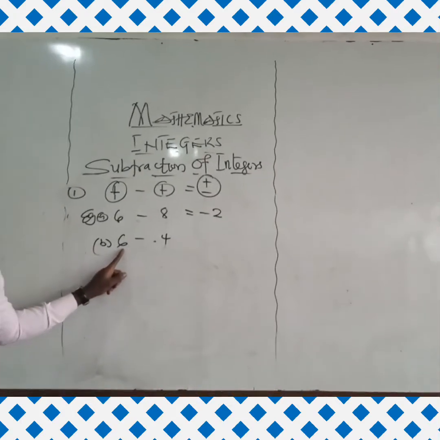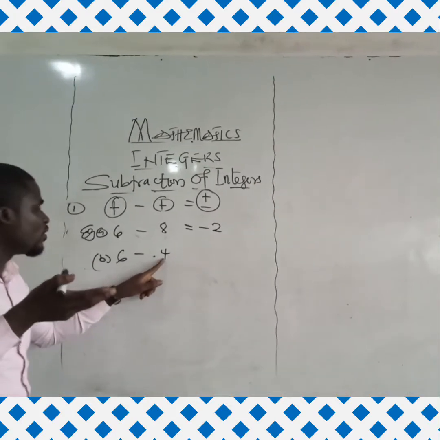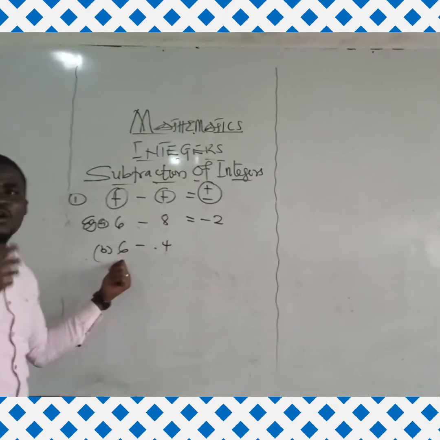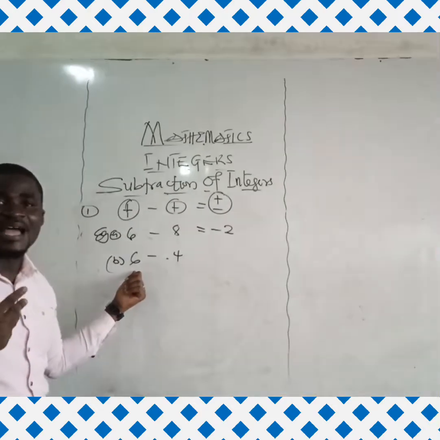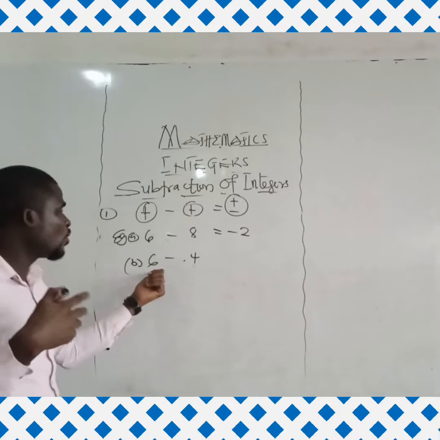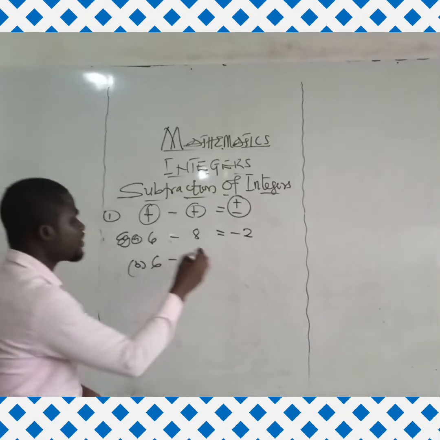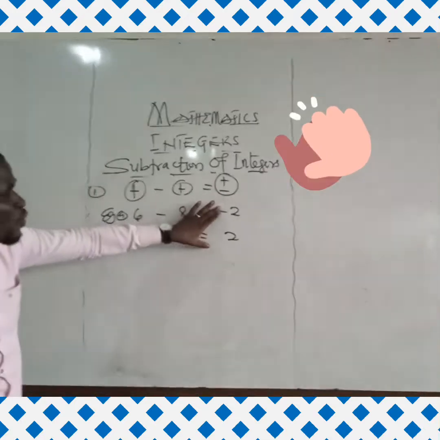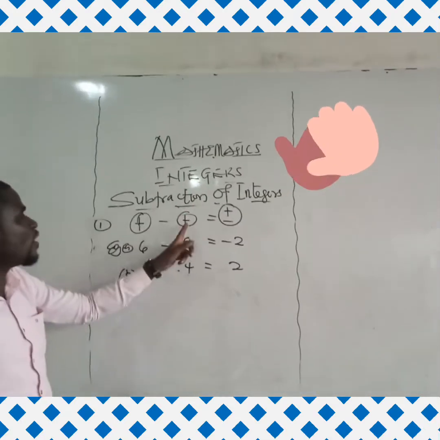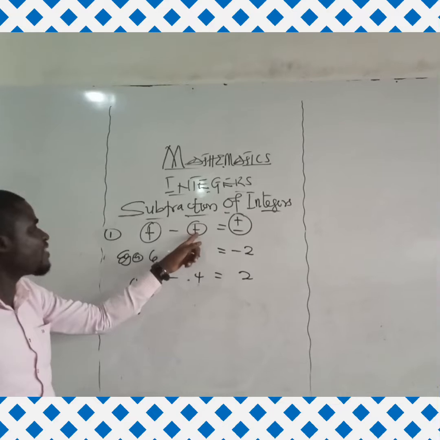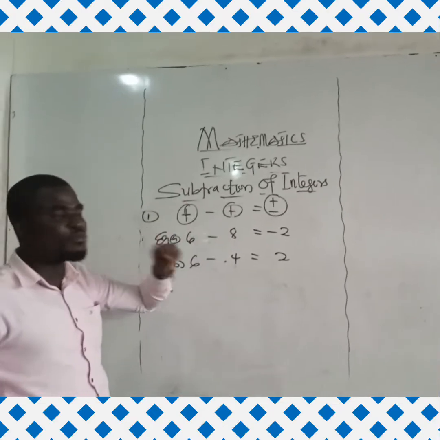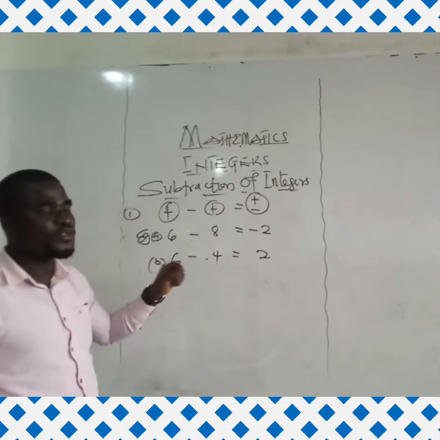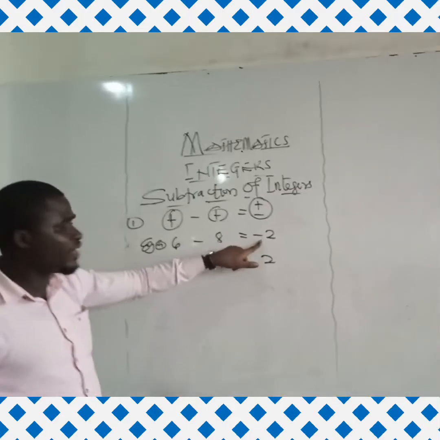You've paid 6, what will be your profit? The profit here is the addition. So it will be positive 2. That's the reason why we said that when you subtract a positive number from a positive number, the answer will be either positive or negative.